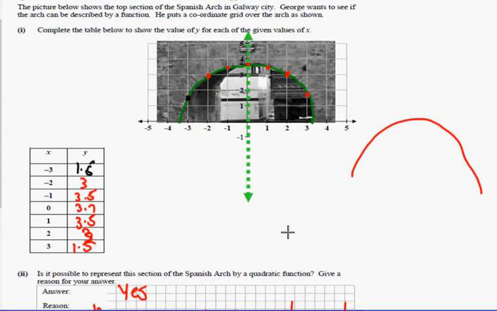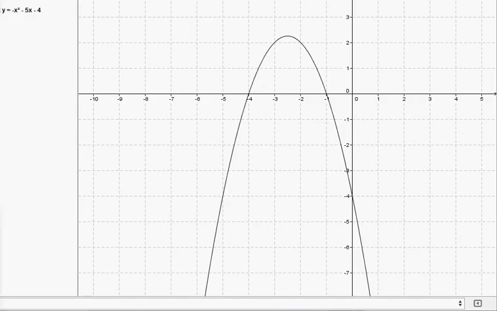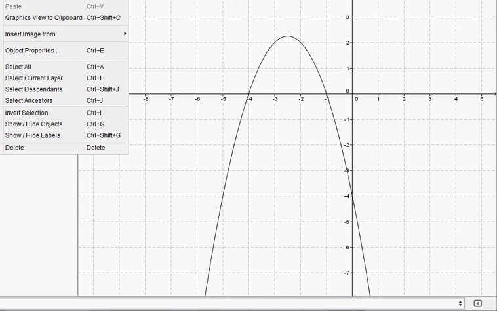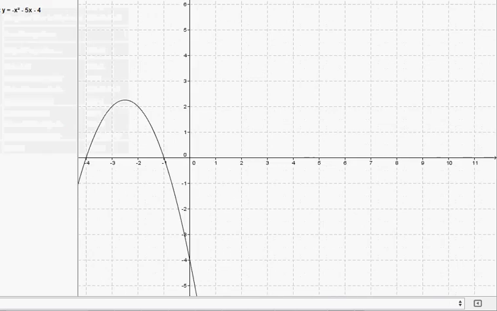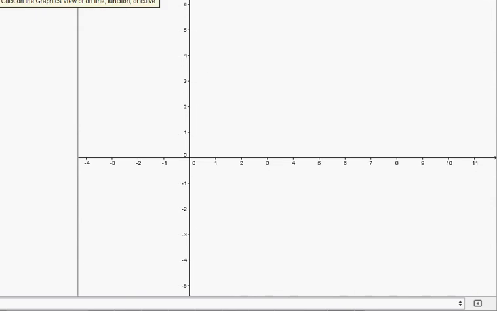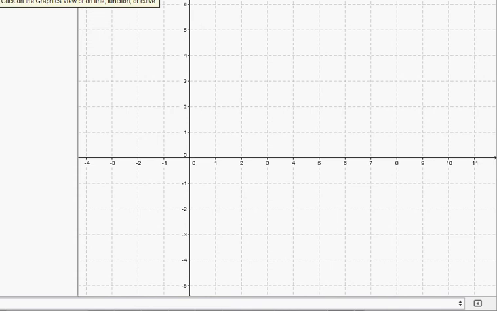Now, what happens if I went back to this question here? I'm just going to undo it. Redo. Okay, and let's say I drew this one here.